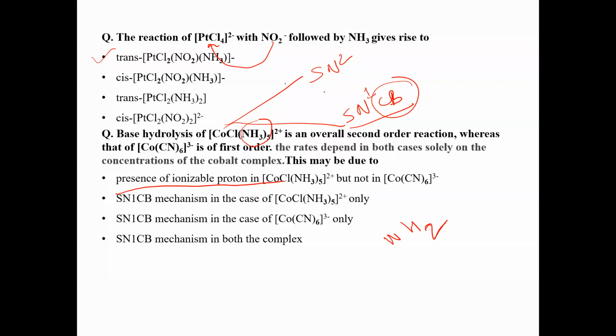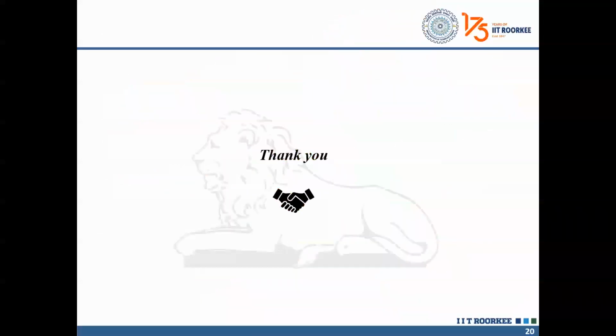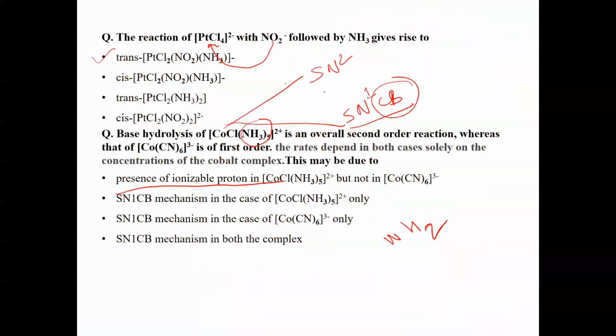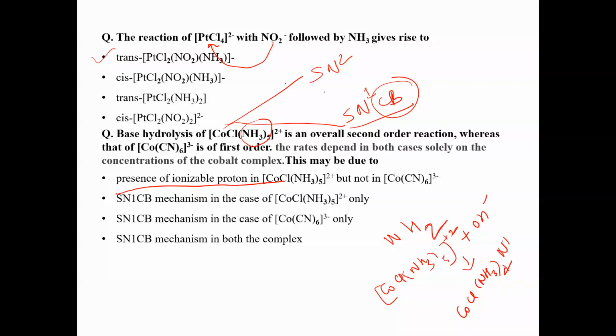If I write down the mechanism, let me write here. It will be Cl, and then plus OH, it will be like this.